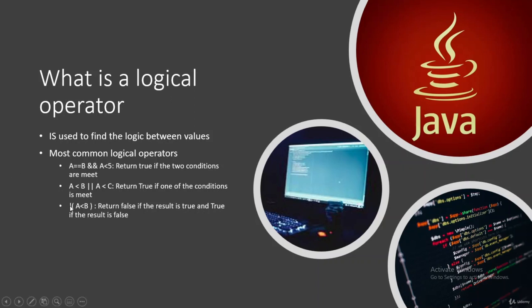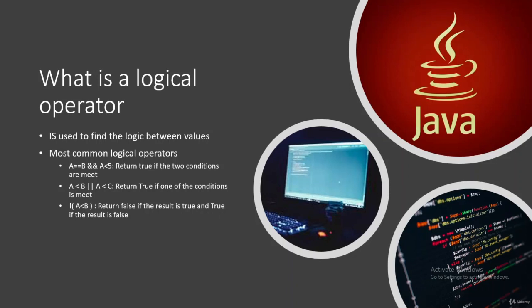We can see this logical operator as an AND. If we want to verify this and this, we will write down this. I want to verify if A is equal to B and if A is smaller than 5. I will write down this sign, and if it's true, once again, it will return true as a boolean.